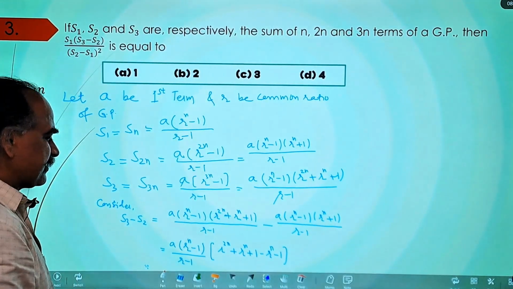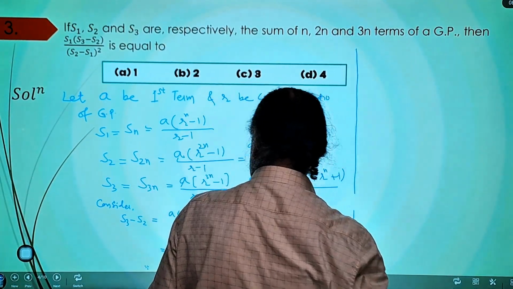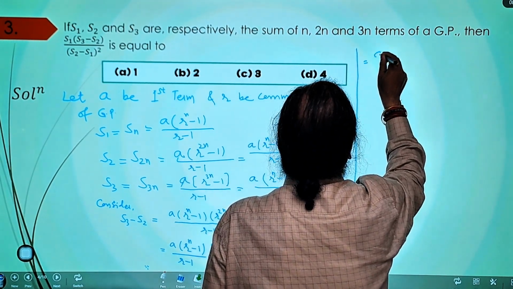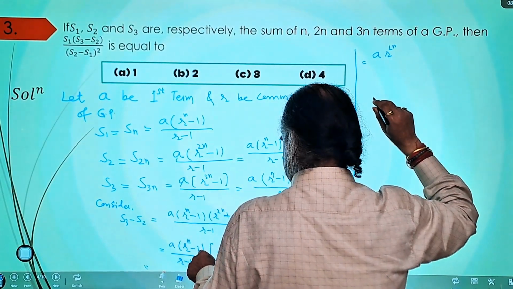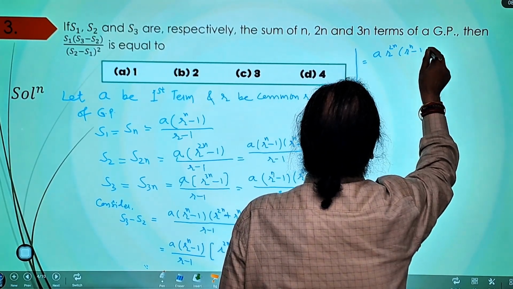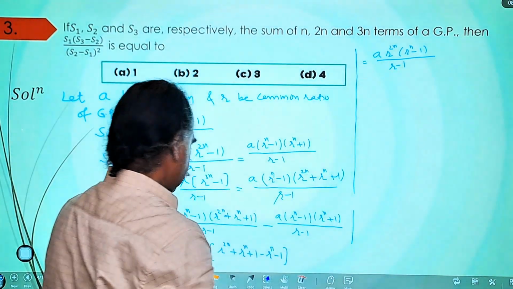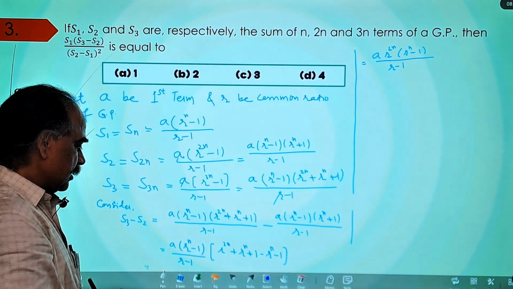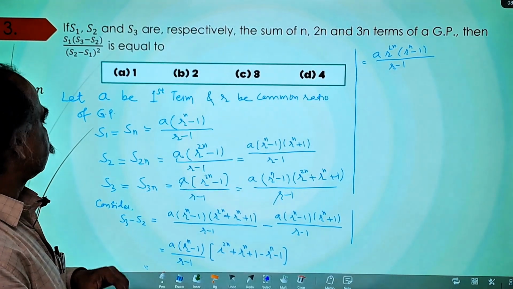So this will get cancelled, r raised to 2n. So finally what you are getting? This will give you a into r raised to 2n into r raised to n minus 1 upon r minus 1. Because r raised to n minus r raised to n plus 1 minus 1 will get cancelled. R raised to 2n I wrote before a. This is S3 minus S2.